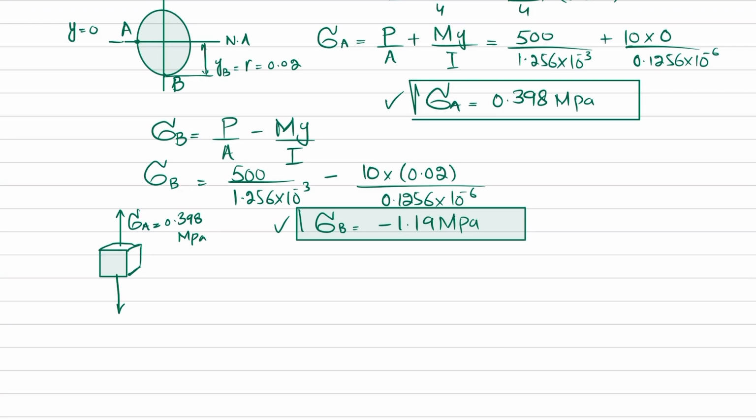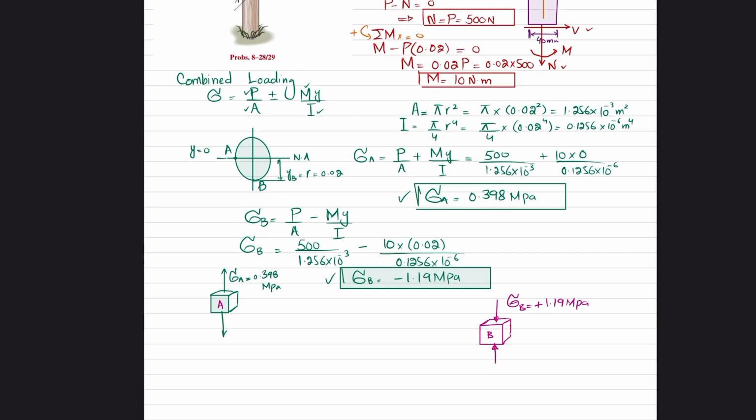Now for point B, if you draw the stress element at portion B, you can see this is compressive, so it will be minus. So sigma B is equal to minus 1.19 megapascal. We write the sign because it shows you that this is in compression. So this was for B and this was for A.